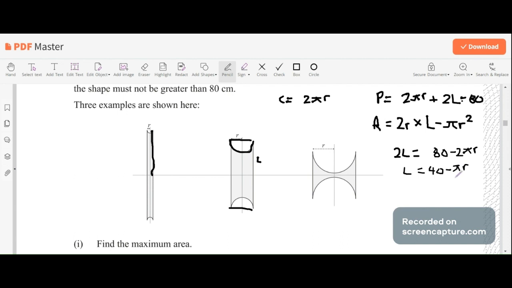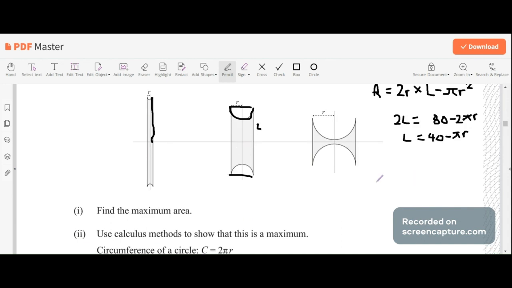And then we can simply substitute that into our area. Area equals 2R times (40 minus pi r) minus pi r squared.